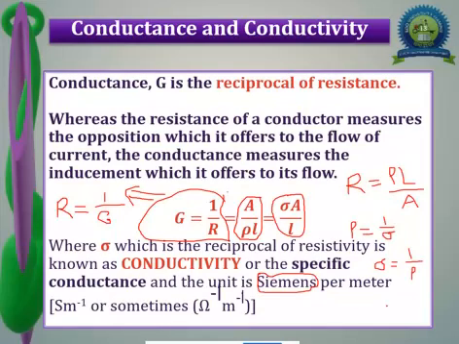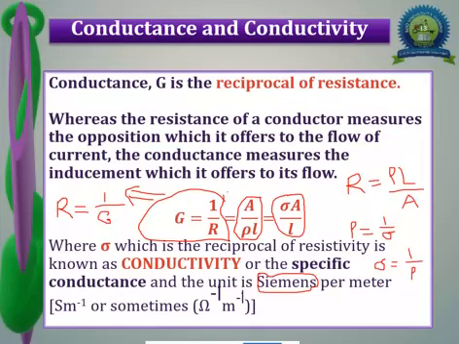And the unit for conductivity is Siemens per meter. Sometimes you may see it written as per ohm per meter.